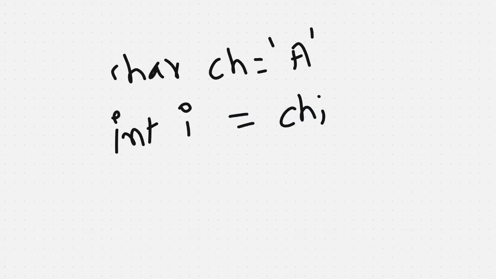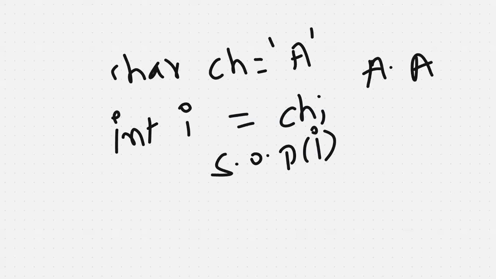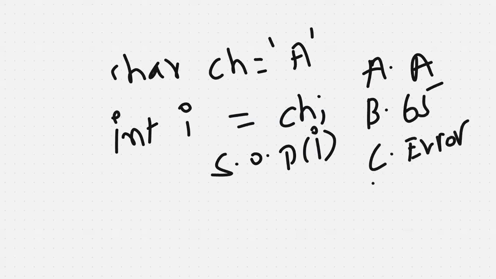You can take char ch equal to 'a', converted to integer. So System.out.println of it. So the options: print a, print 65, print error, and print 97.